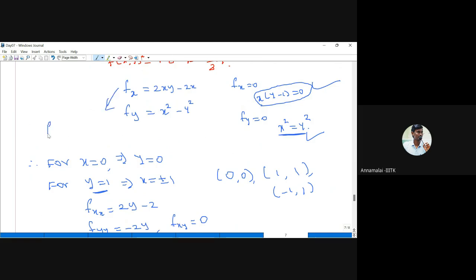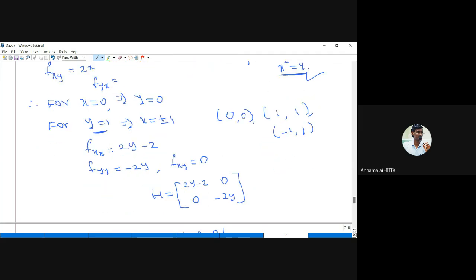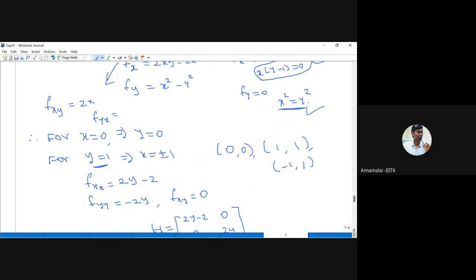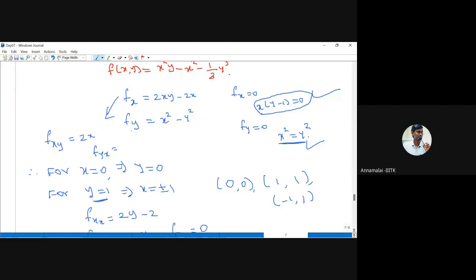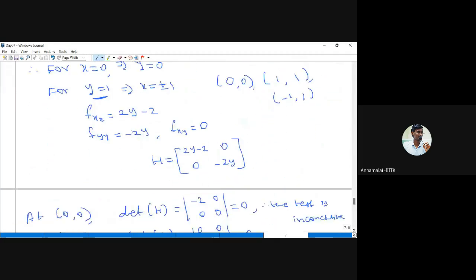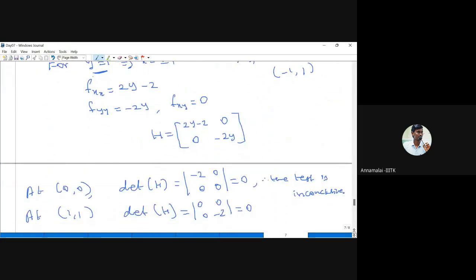Therefore, we get 2x. And what is fyx? We get 2x. Yeah, so in the corner we have 2x, right? So this is actually 2x.